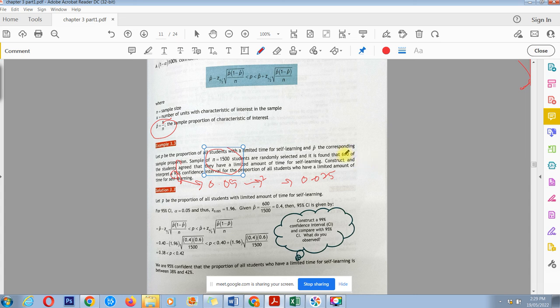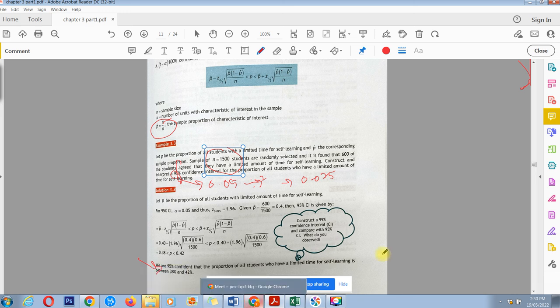So the sample that is 600 over n, the whole sample, so that you get the proportion of students that agree with the limited amount of time, and then the rest is not agree lah. So after that, you use this formula directly.